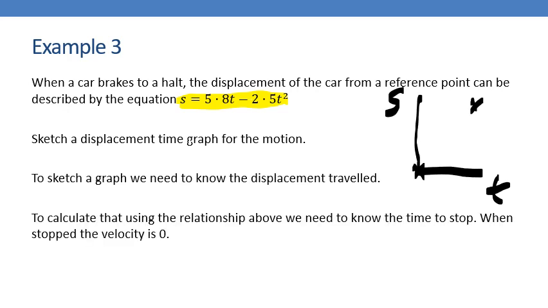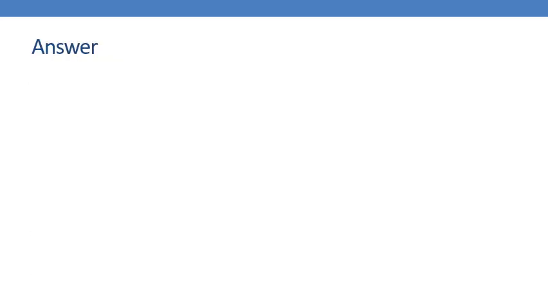So we need to know how far it's gone when it stops. So at that point, the velocity is 0. So we need to know the velocity function. But that's okay because we have the displacement formula and we know that velocity is the rate of change of displacement. So if we differentiate our formula, we can come up with the velocity term.